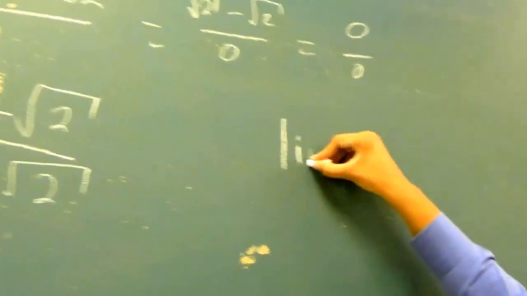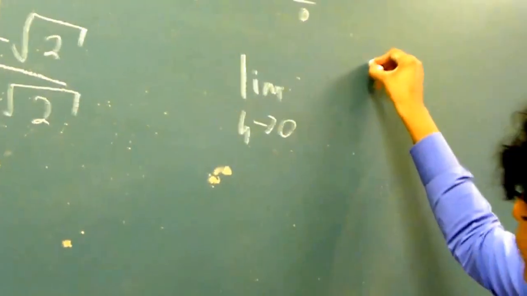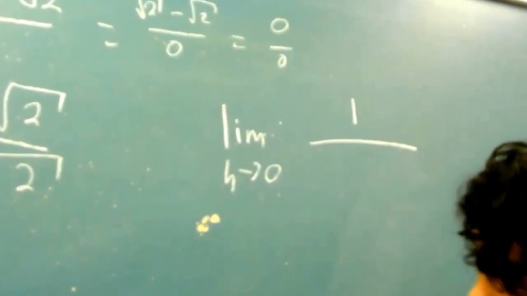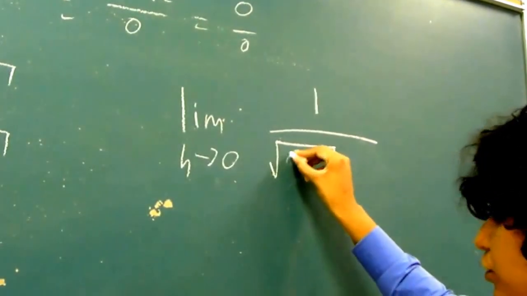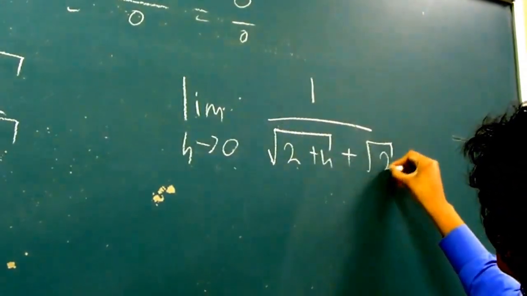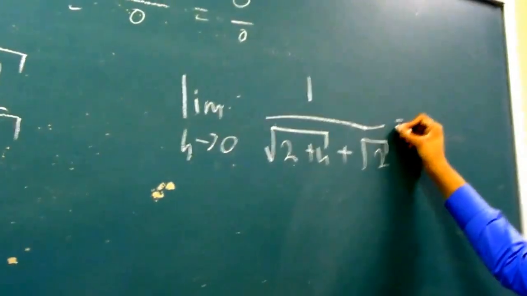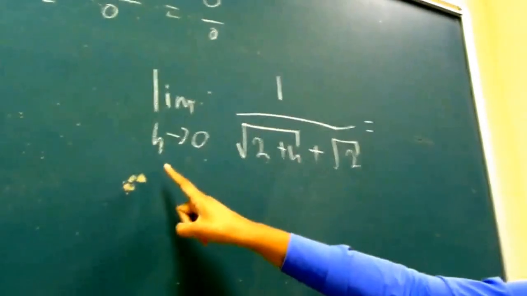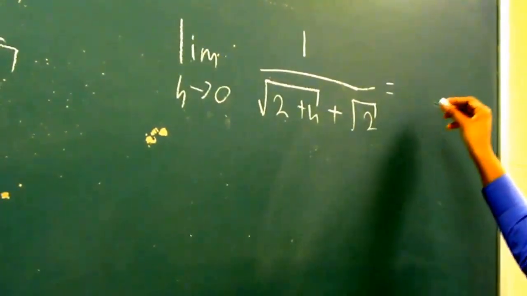So then we continue. We have the limit as h is approaching 0. We have only a 1 on the top because we cancel those two h's. And in the denominator we have the square root of 2 plus h plus the square root of 2. That's all we can do to simplify this expression. So now we proceed to substitute the value of h into all the h's in our function.